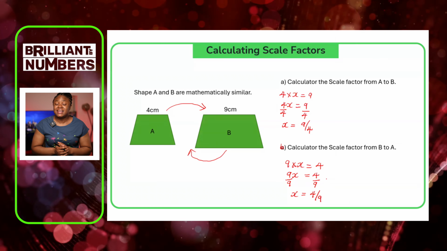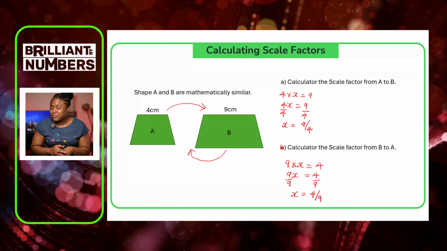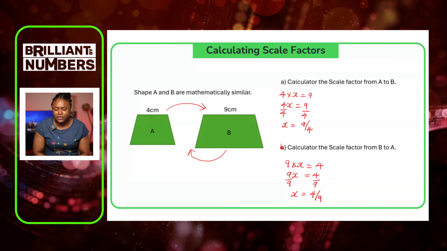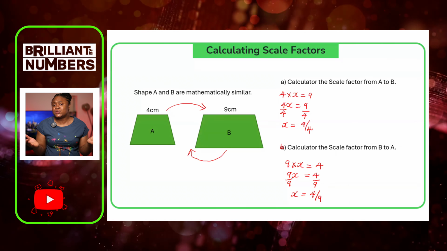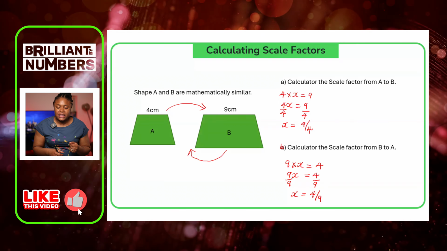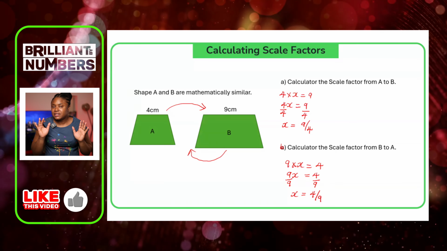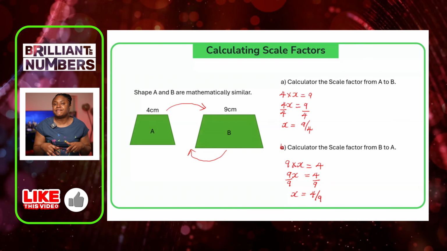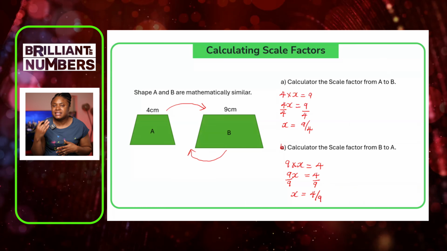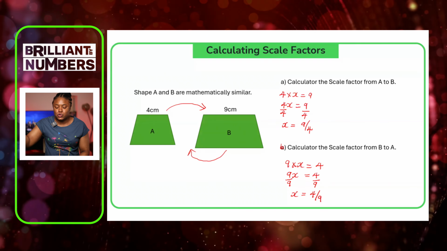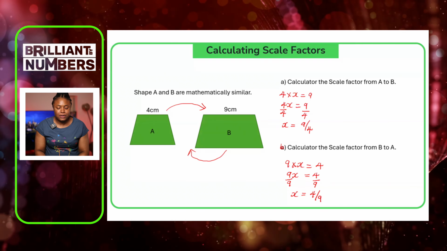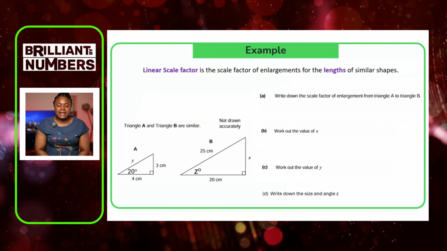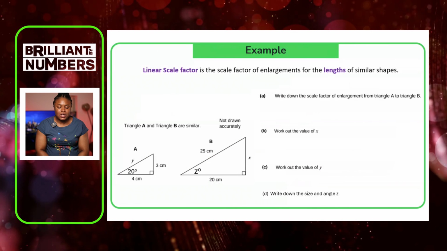So we can see that they are actually the reciprocal of each other. So that's the easiest part. We could also have put this in a decimal as well, but sometimes it's better to leave it as a fraction, particularly if it results in a recurring decimal, which means that that decimal goes on to infinity. Beautiful. So let's look at this other example.